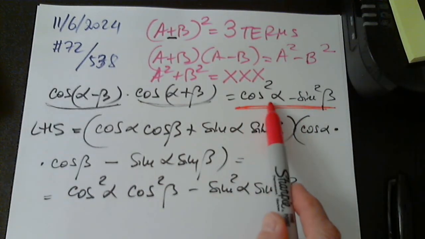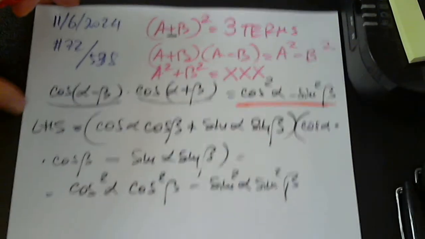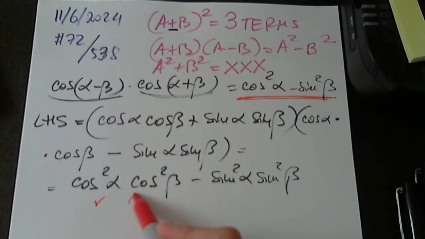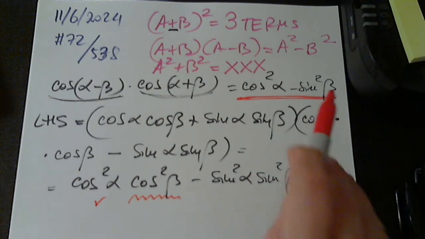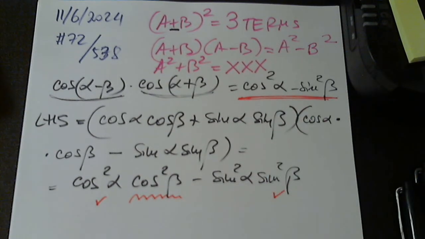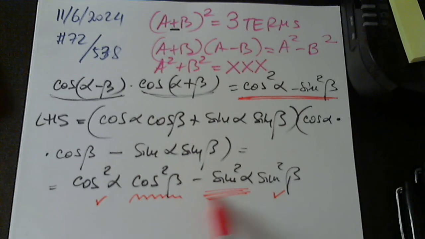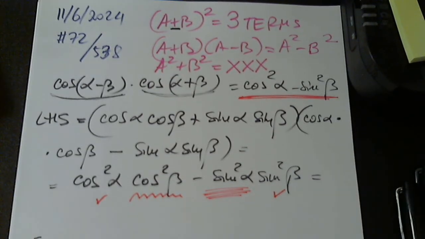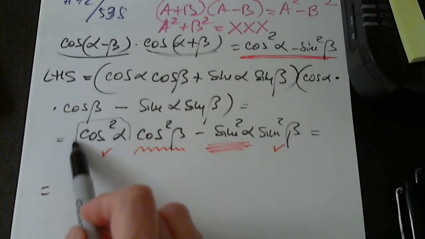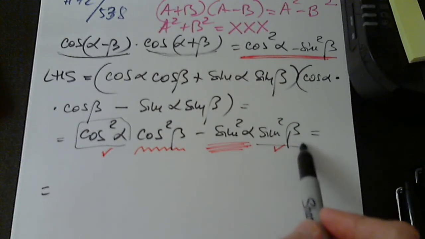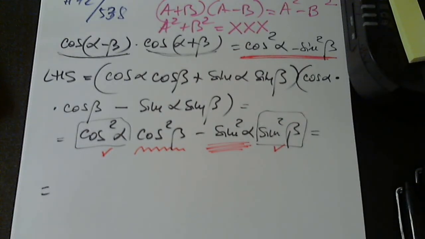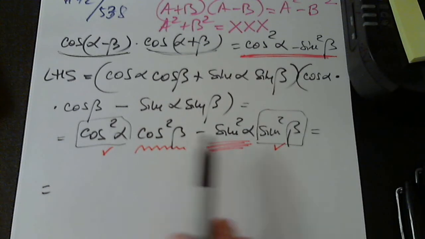So I want cosine squared alpha, which is okay, but I don't want this. I do want to keep sine squared beta, but I don't want this. So how do we proceed? So leave this alone. And let's play with this and with this.